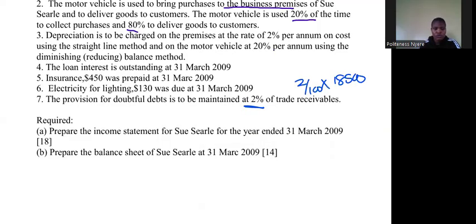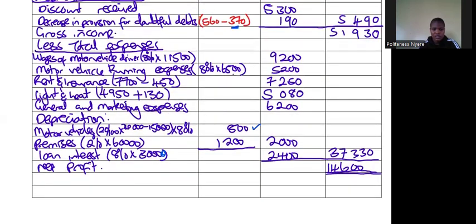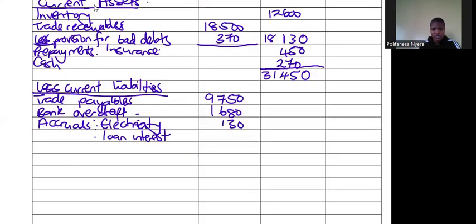The total amount for loan interest, it was 8% of 30,000 because our loan is 30,000. So we got 2,400. I think those are the items that we have on current liabilities.